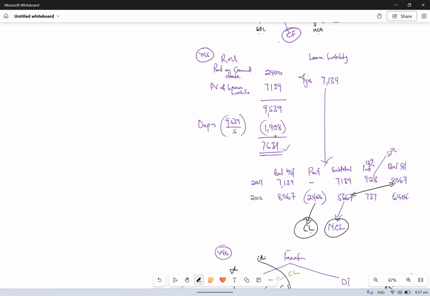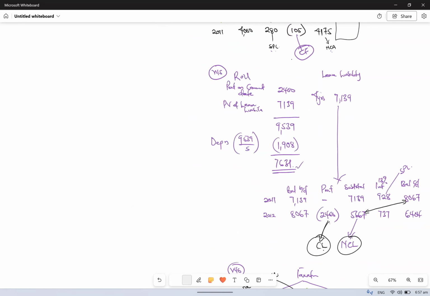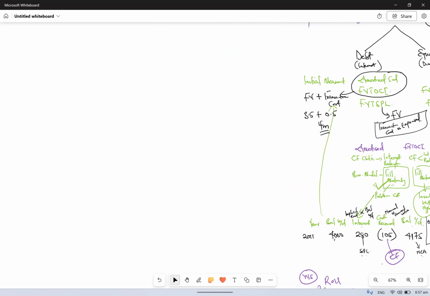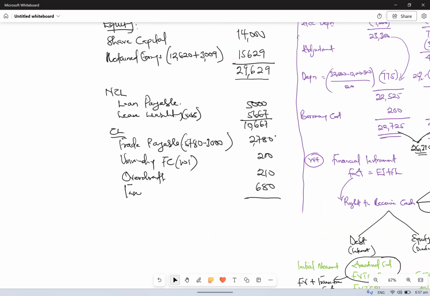The current liability, yes. We've not added it. Lease liability. Oh, 2,400. So that makes everything there.